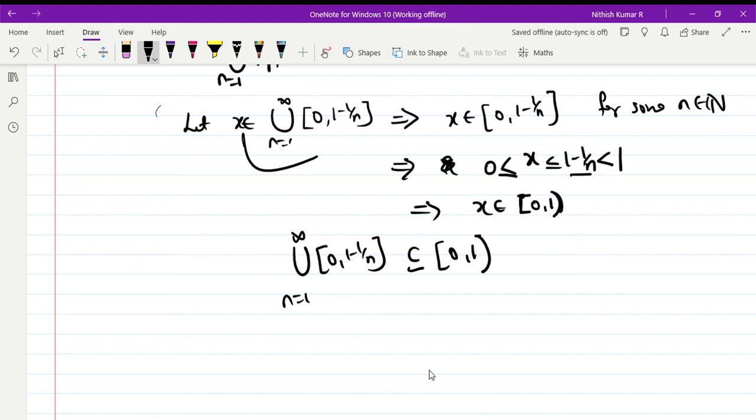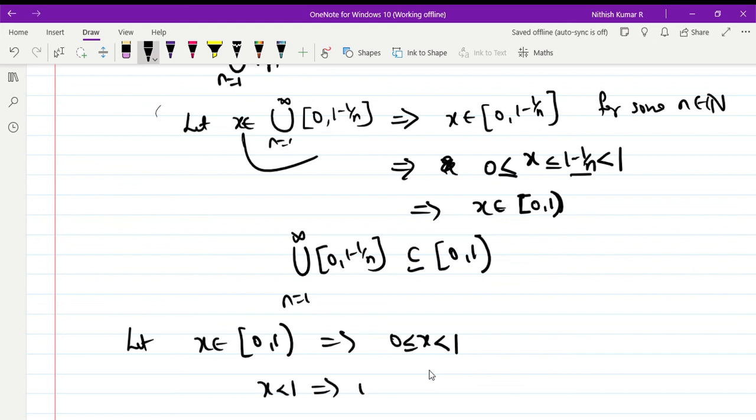Now let x belong to the half open interval [0, 1). This implies 0 is less than or equal to x, but it is strictly less than 1. Now x is less than 1 implies 1 - x is greater than 0. Now 1 is a real number.